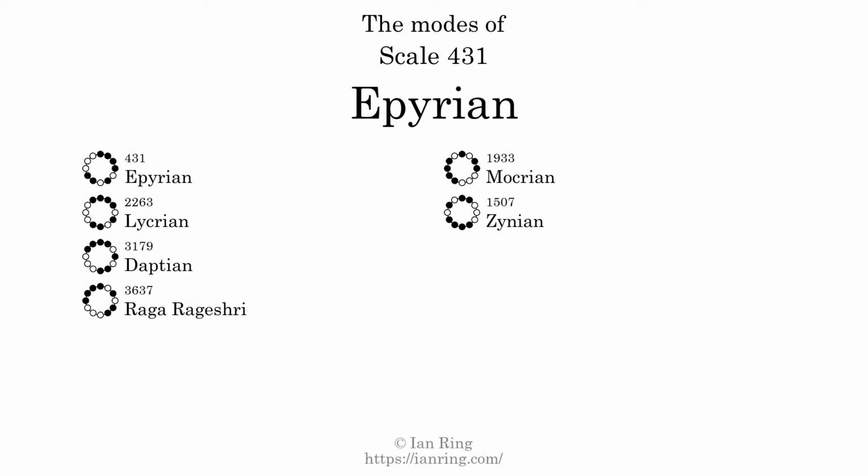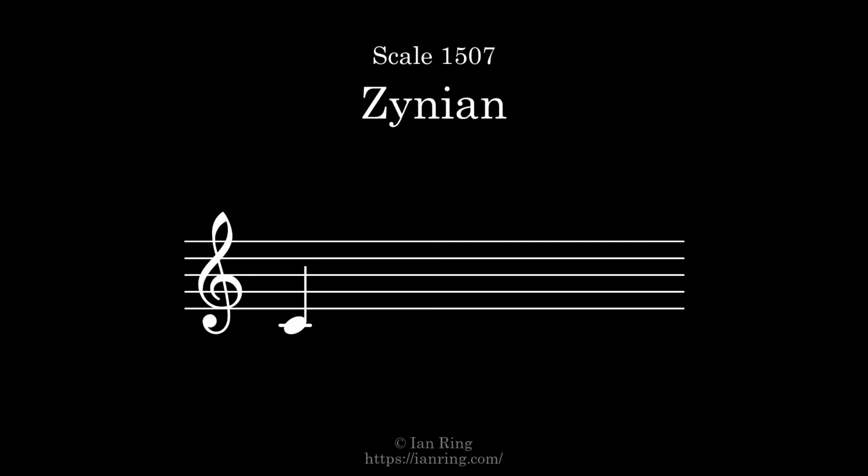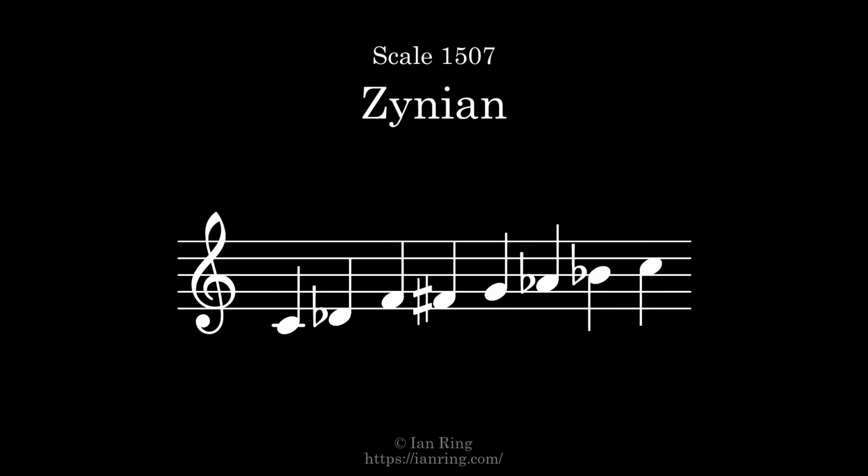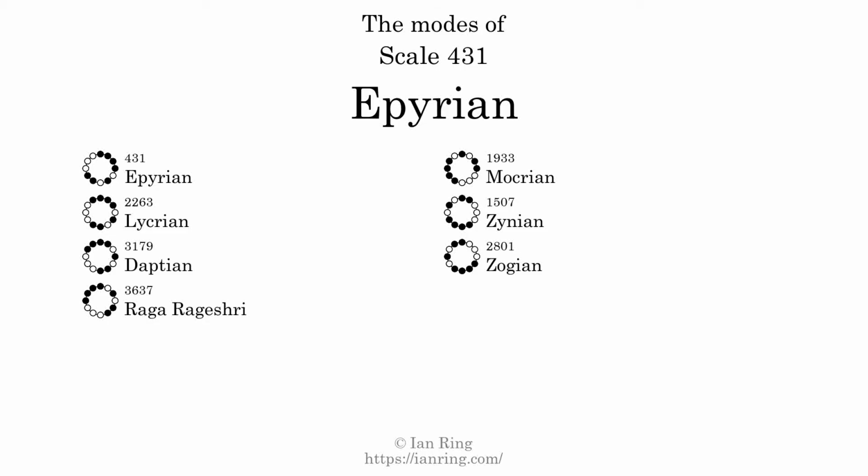The sixth mode is scale 1507, also known as Zynian. It sounds like this. The seventh and last mode is scale 2801. Also known as Zojan. It sounds like this.